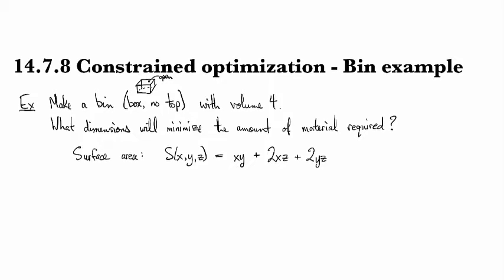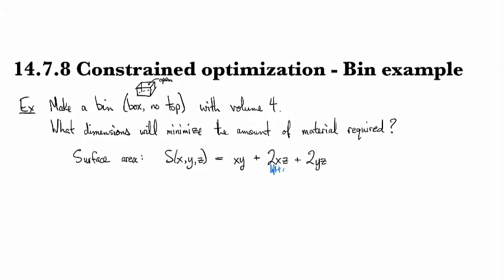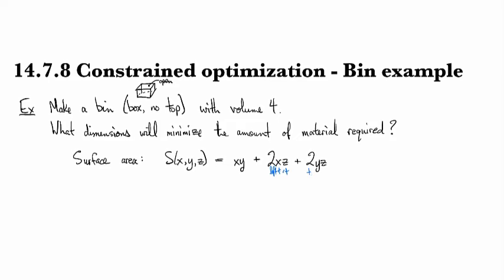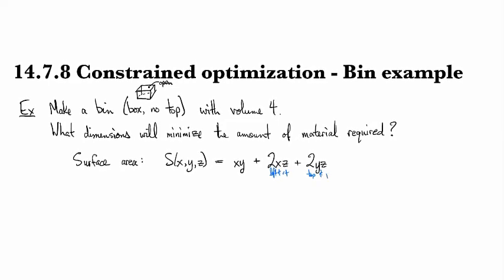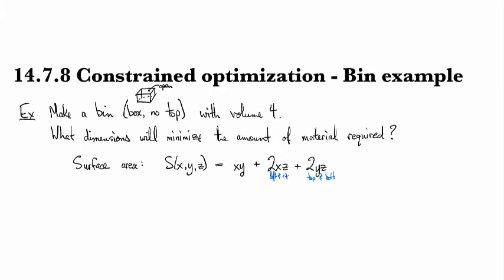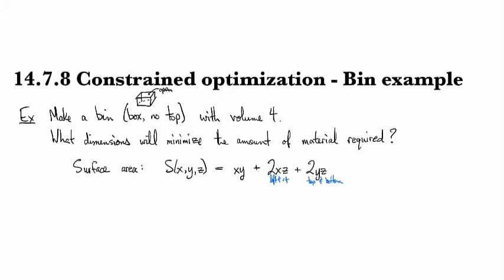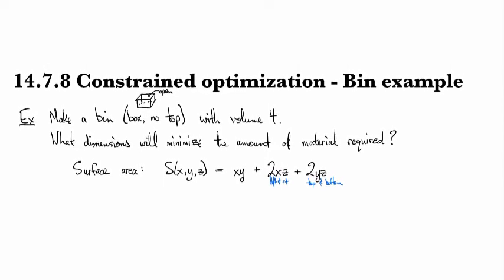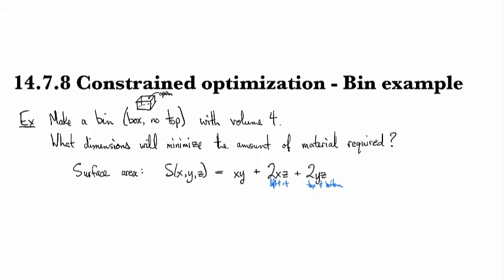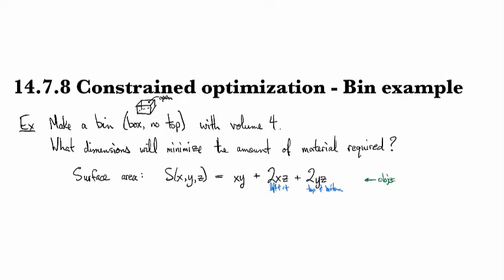So this is the left and right sides, and then this is the front and back. Okay, and so this is the thing that we are trying to minimize. So this is going to be our objective function.